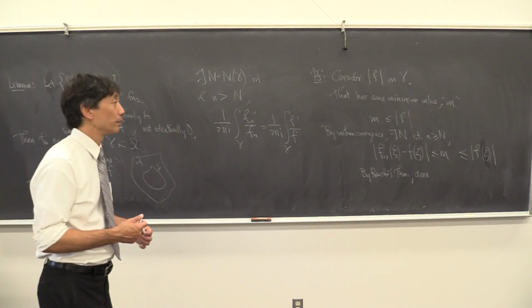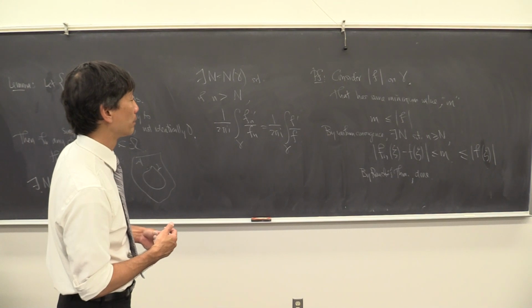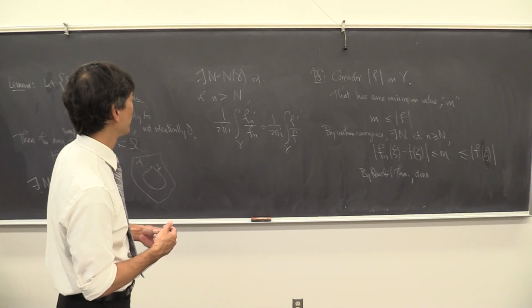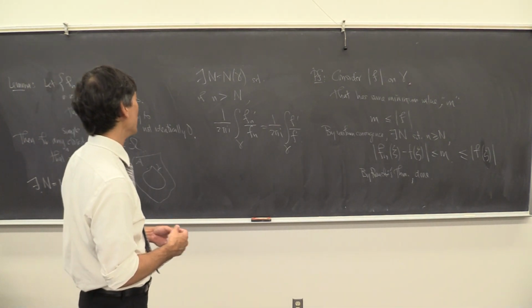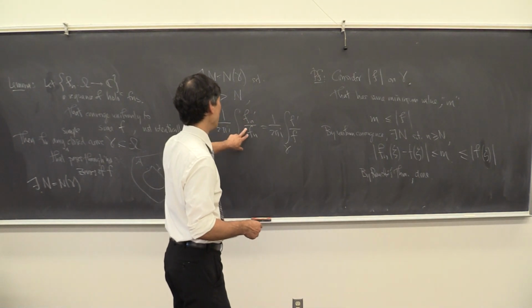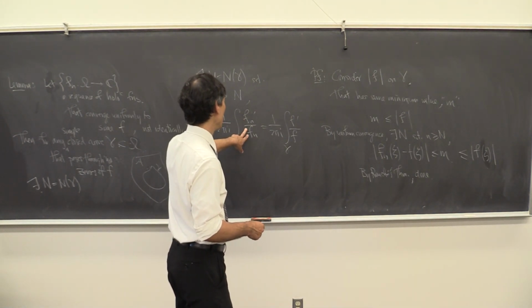Don't the integrands converge to each other by uniform convergence? So could we not just conclude that the integrals are? Well, not so simple, right? Because f sub n converges.